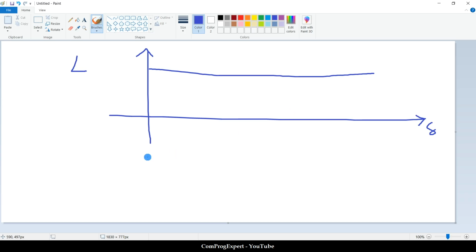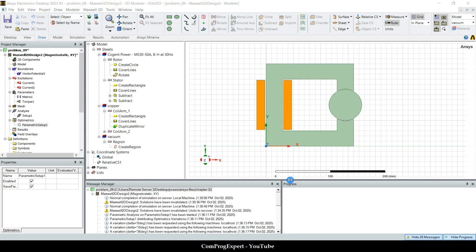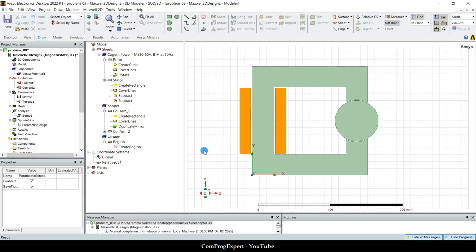Also, what is the value of the torque? You will see what we calculate for the torque. The value of the torque is 0 in this case, right? We have a round rotor. Okay, simulation completed.